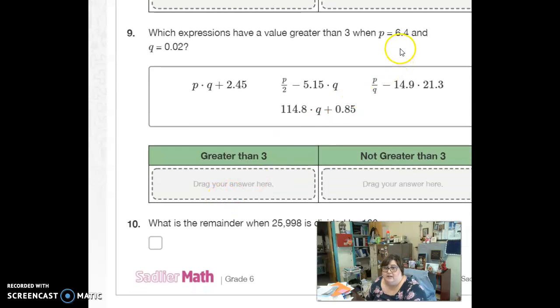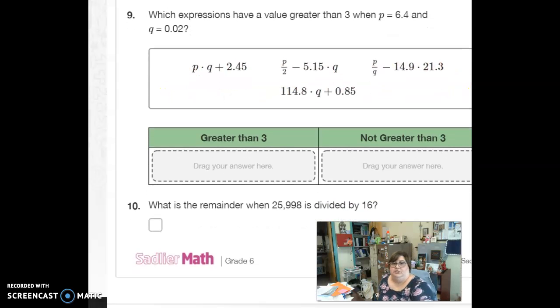Here, you just have to substitute in 6.4 wherever you see P, and 0.02 wherever you see Q, and then solve the equation in the proper order using order of operations. So multiplication and division first, then addition and subtraction. And then here you are just dividing 25,998 by 16.